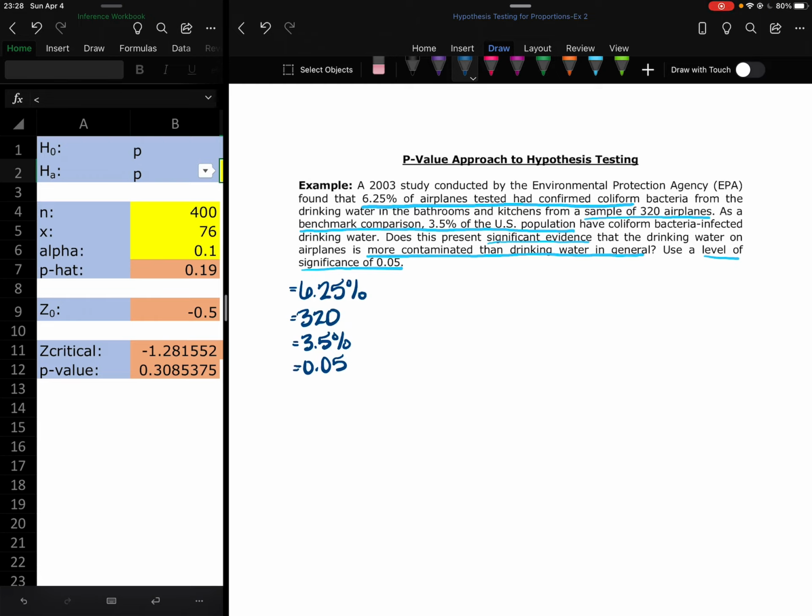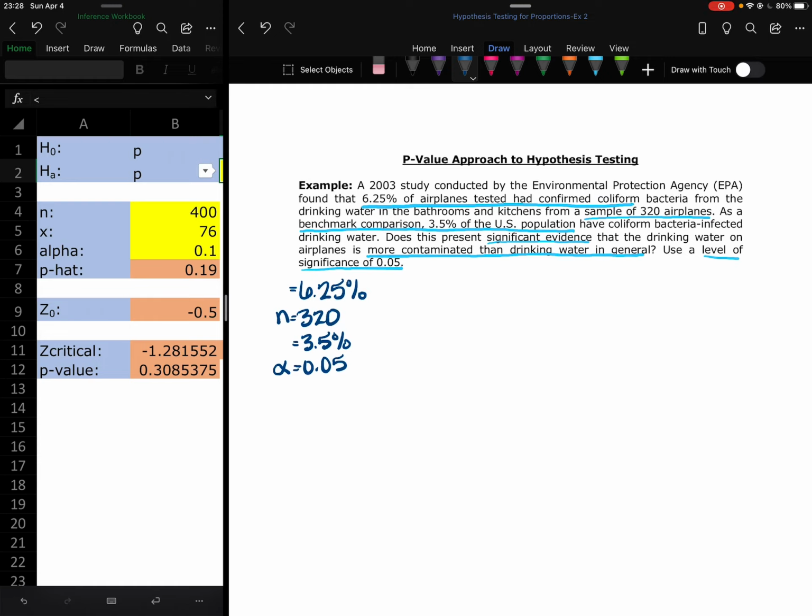So level of significance is always alpha. They took a sample of 320 airplanes. That's going to be n. So then I have 2 percentages to work out. So 6.25% of airplanes tested had confirmed coliform bacteria from the drinking water in the bathrooms and kitchens from a sample of 320 airplanes.